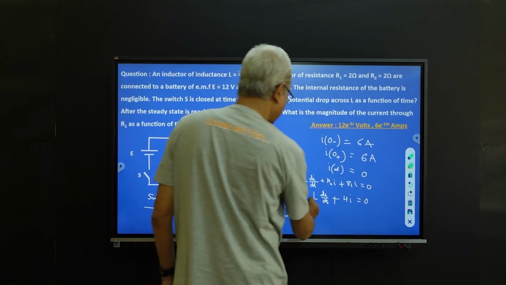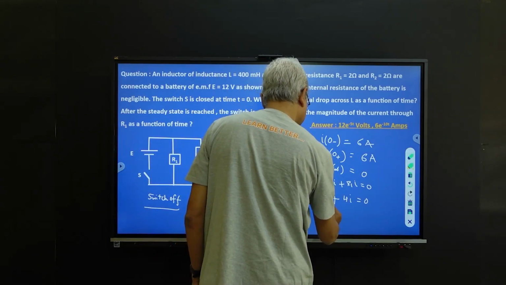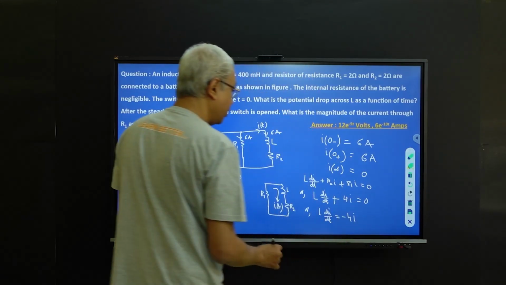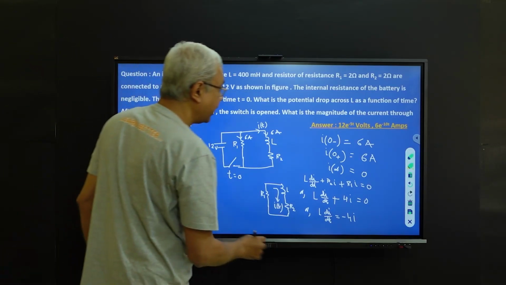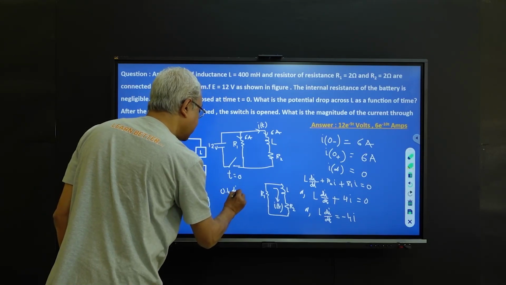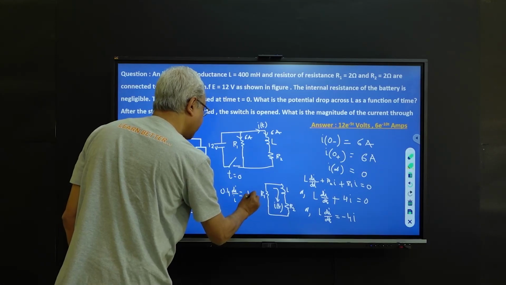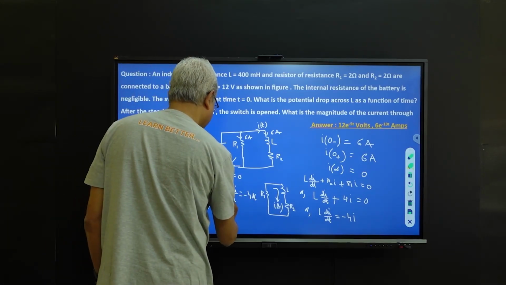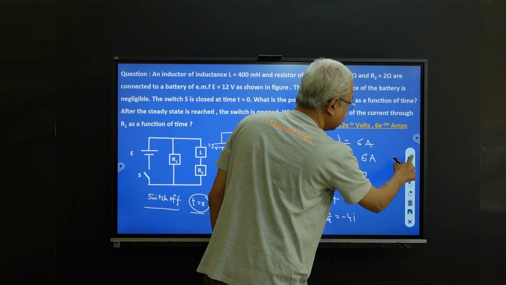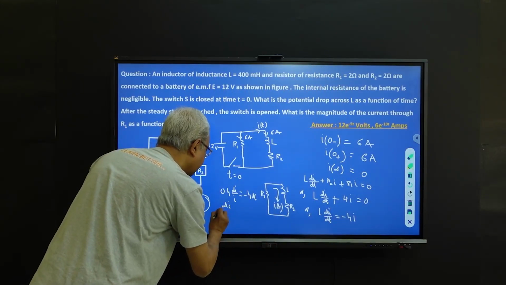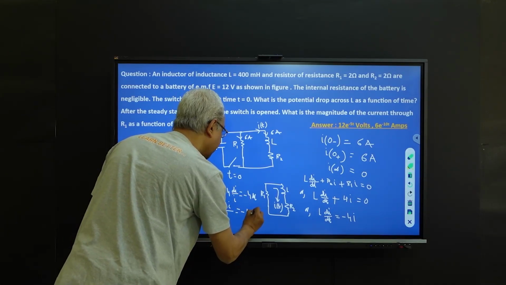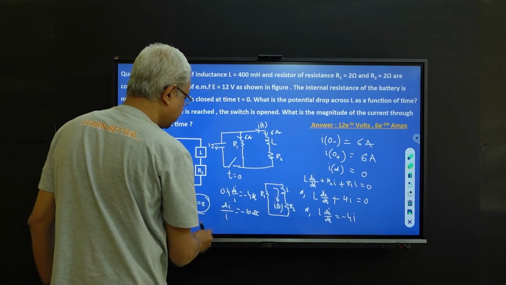Or L di/dt is equal to negative 4I. L is 0.4, so I can write 0.4 di/I equal to negative 4 dt. So di/I, steps are important, di/I is equal to negative 10 dt. So if I integrate, this is di.